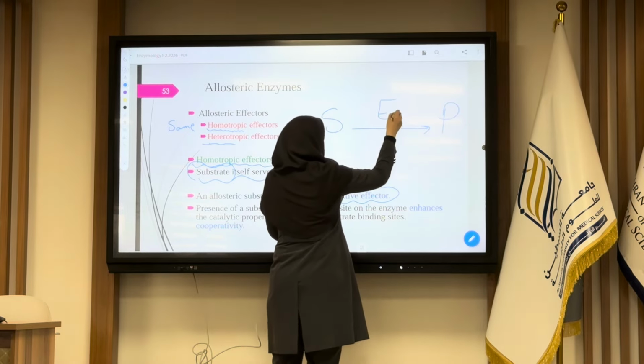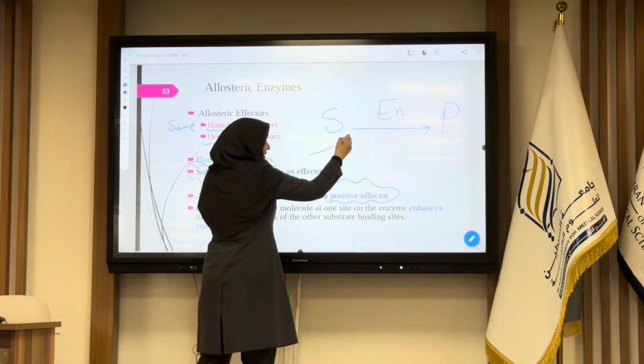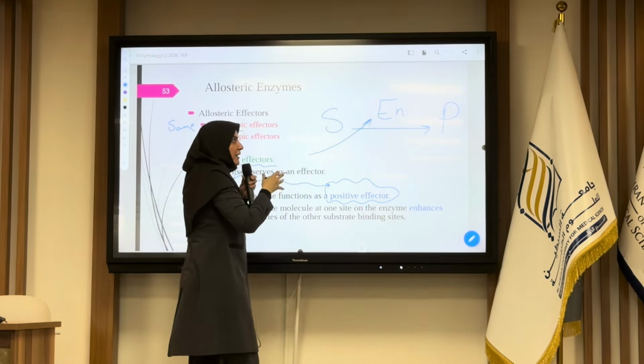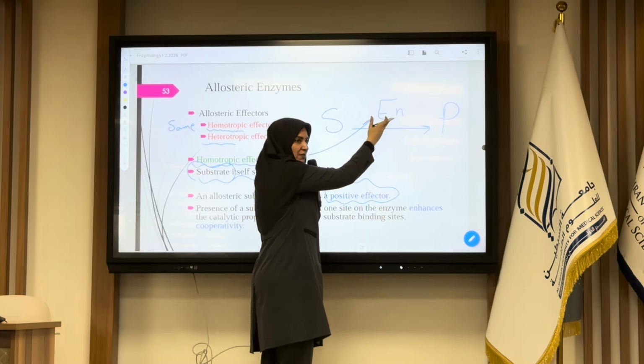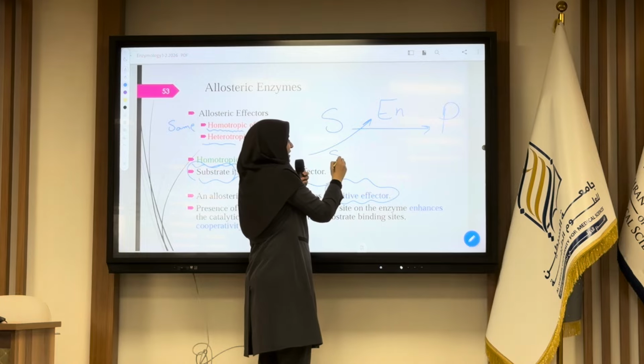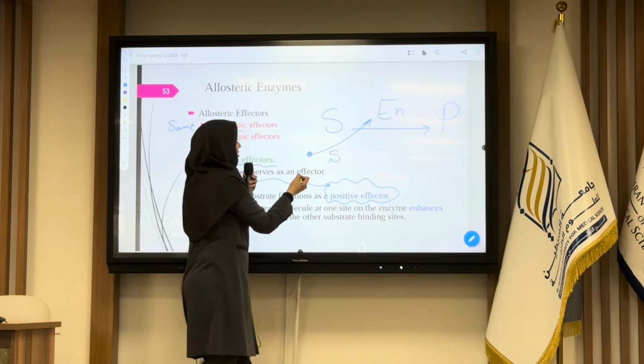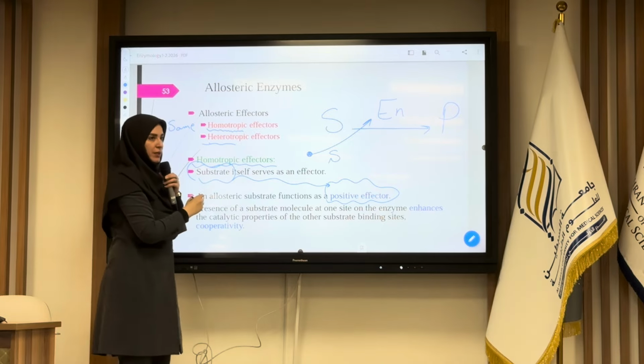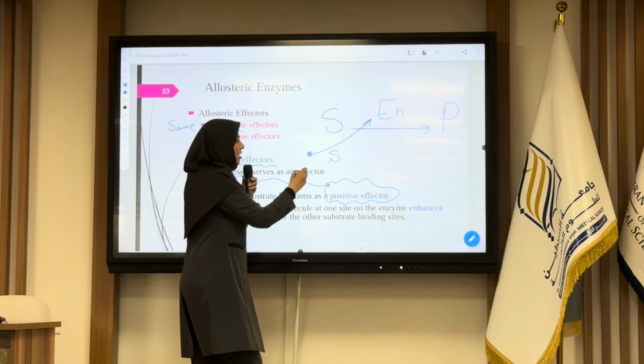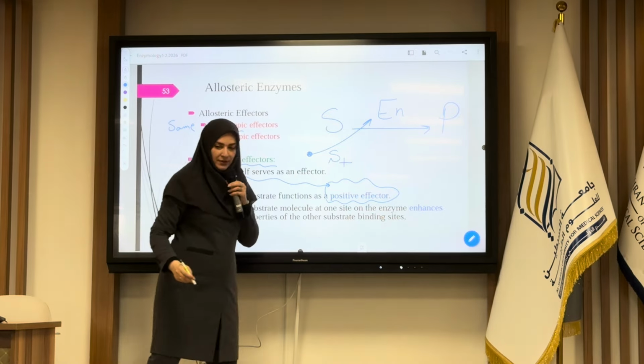And this is enzyme. When your effector, a molecule, can control the activity of an enzyme when it is the substrate itself, it is considered homotropic, and this is positive.